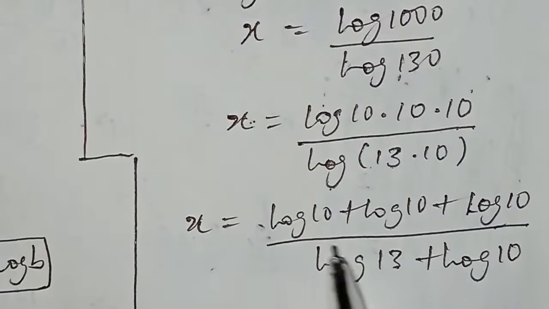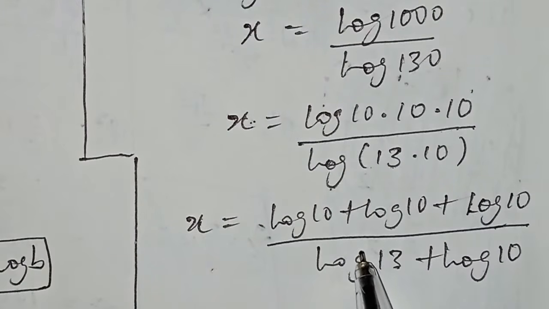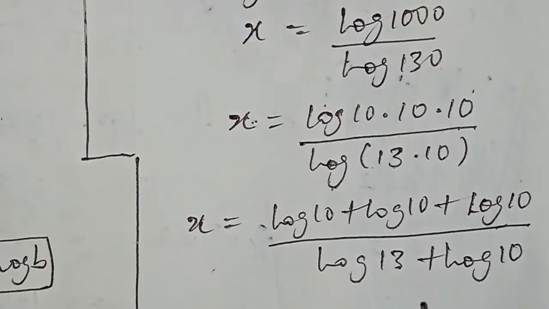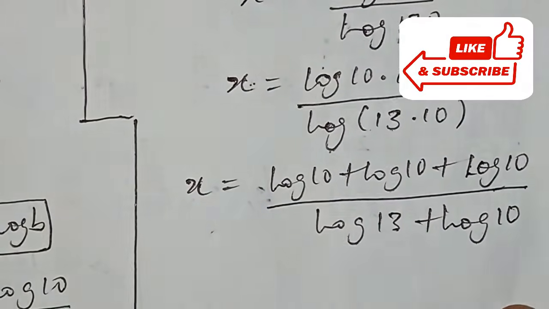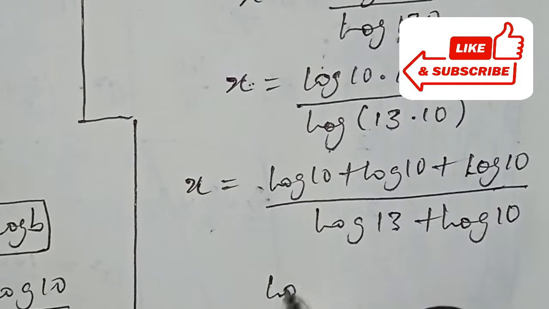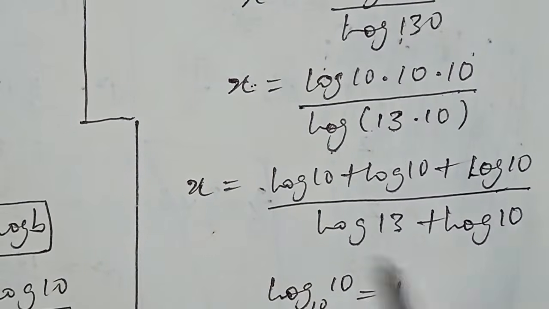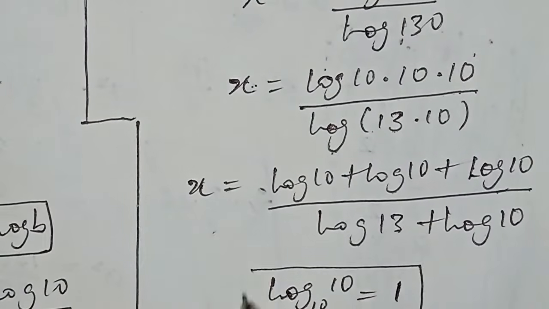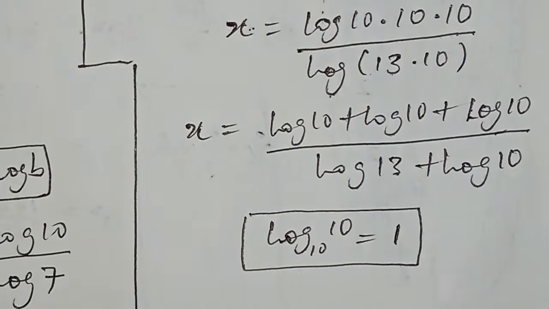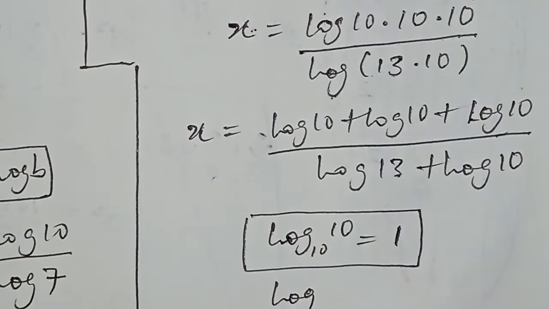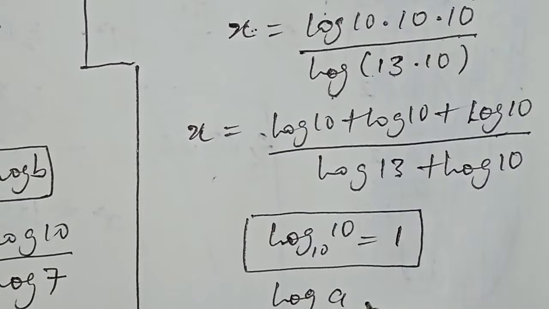And we know that these expressions are log base 10. So if we have log of base 10, 10, it will be given as 1. Just as if we have log of base a, a is also given as 1.